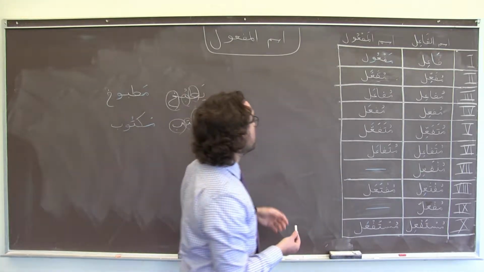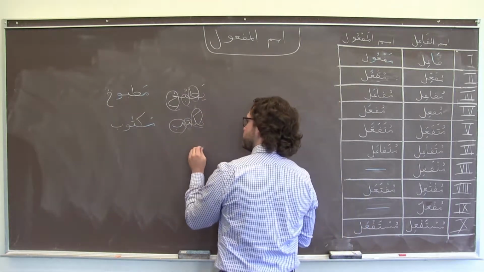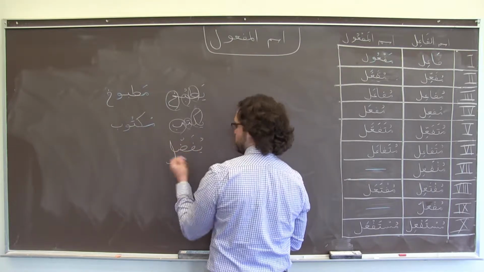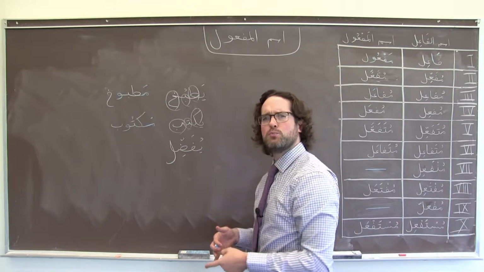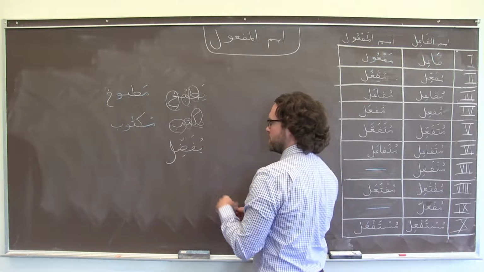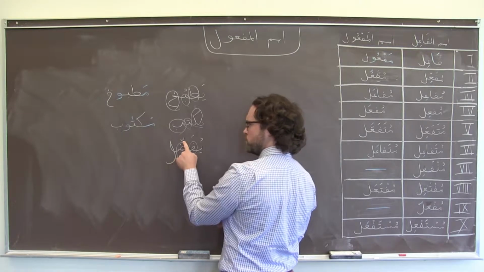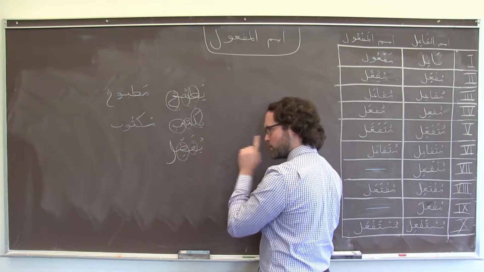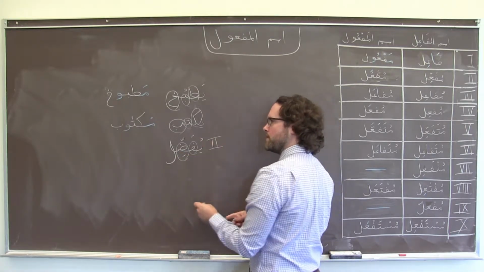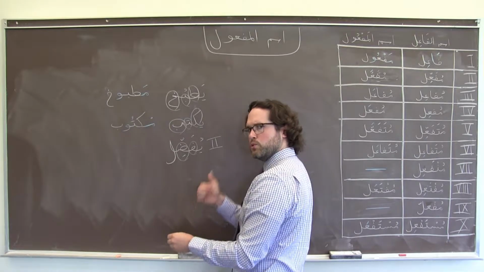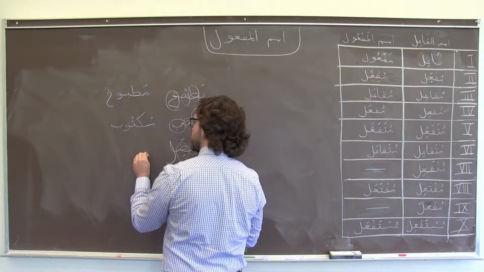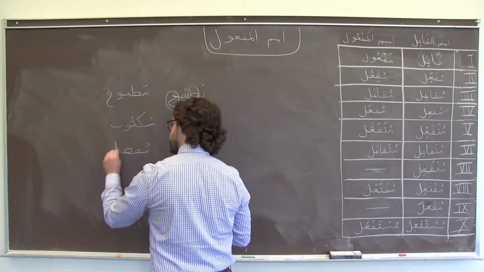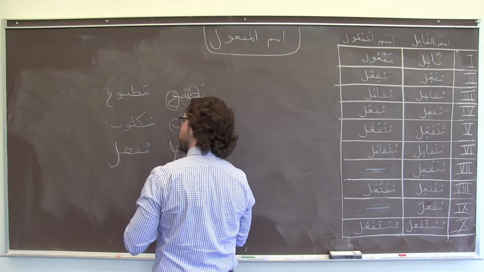So let's take another example. A form 2 verb, yufaddil. In the present tense, it means something like to prefer. If we take this judr, and we know it's a form 2 verb because we have the shadda here and the vowel pattern with the dhamma, fatha, and kasra, so I can recognize it as form 2, and then I put it into my form 2 ism maf'ul wazn, I get mufaddal.